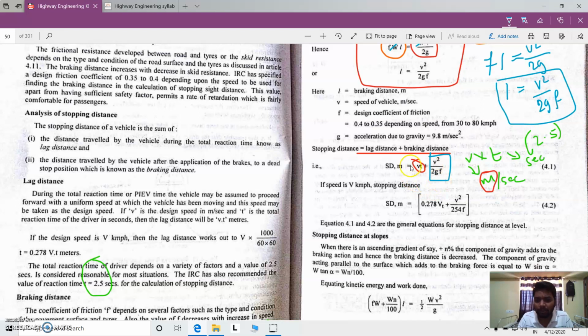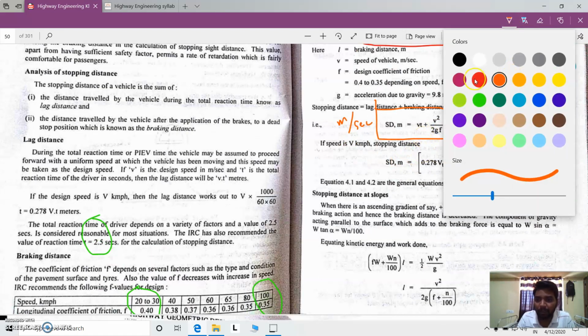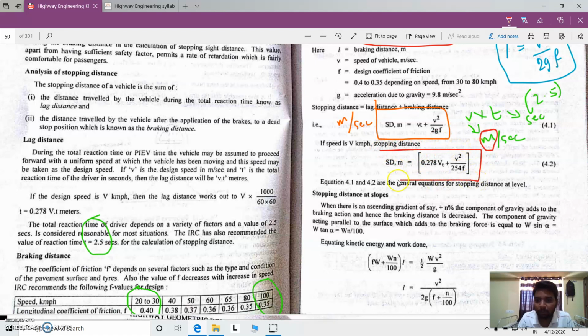This total equation is considered for the speed in meter per second. Whenever you get the speed in meter per second, you consider Vt plus V square by 2GF. But whenever you get the speed in kmph, the formula is different, because here V is substituted in kilometer per hour.